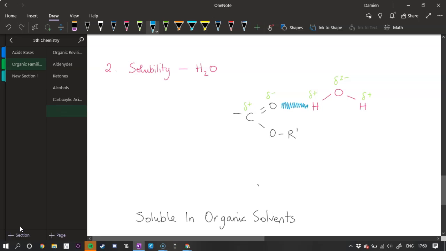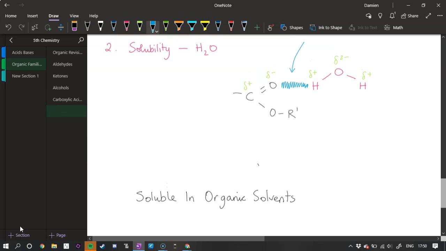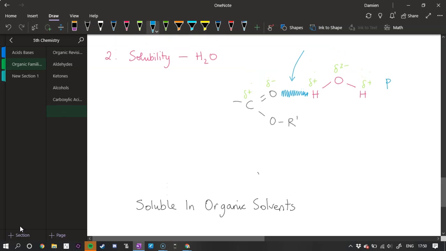In this case, there is hydrogen bonding. Because of that, you have two polar compounds: polar H2O, and this is also polar because of the carbonyl group. It wouldn't be as polar as carboxylic acid, but it is still polar, and like dissolves like, therefore polar will dissolve polar.